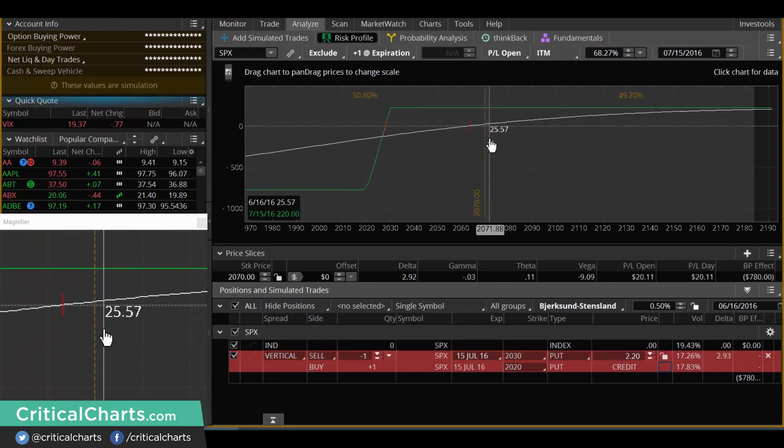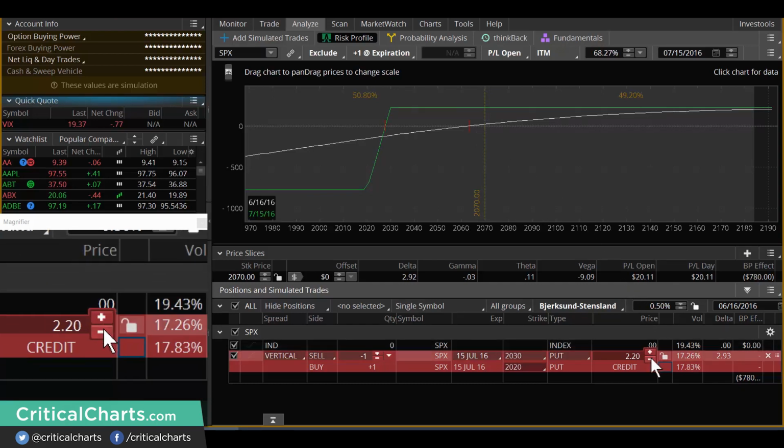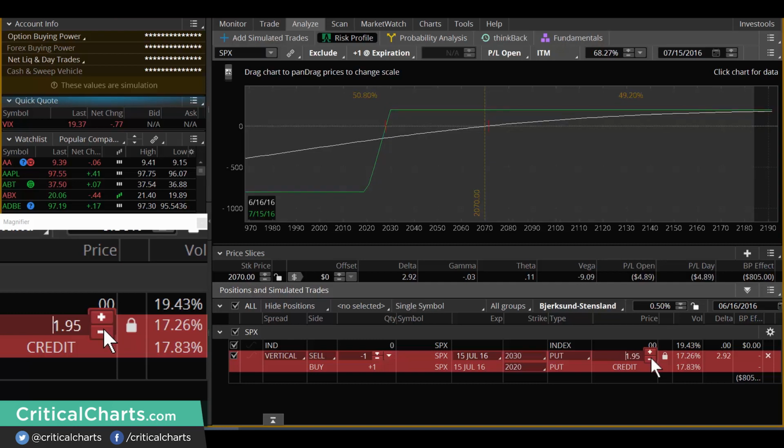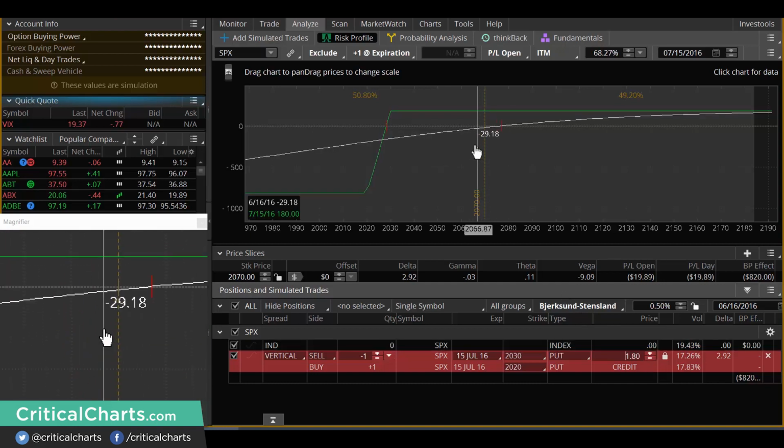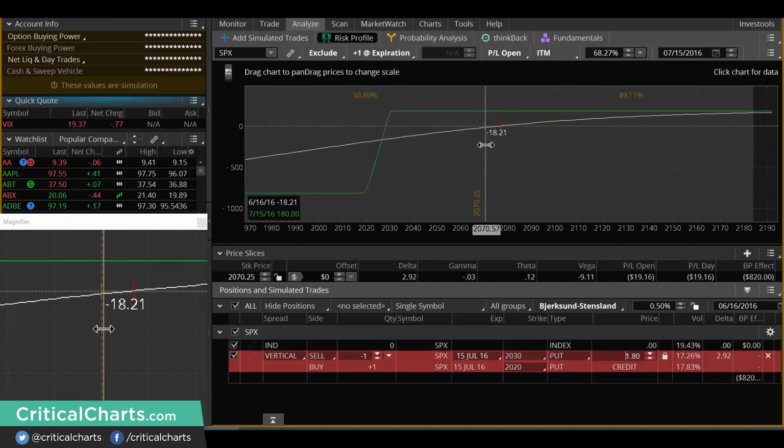If that VIX continues to move lower, then it drives the prices of options lower because the insurance, the risk, is not there. If nobody wants to buy insurance, then how can I sell it? So I'm trying to get rid of it. If I can make it cheaper, that allows me to get rid of it. So maybe I could get $180 on that insurance, which would be $1.80.